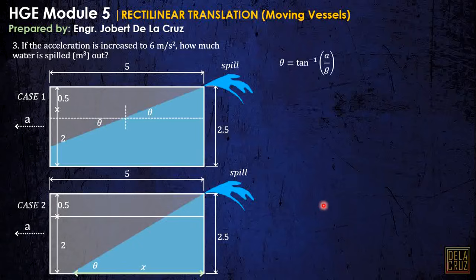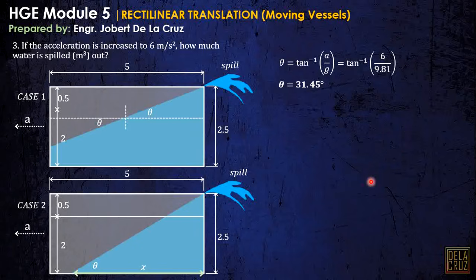Now, of course, we have this formula. And take note that the acceleration is 6 meters per second squared. So, let's first calculate the angle theta because of this acceleration. That is 31.45 degrees.